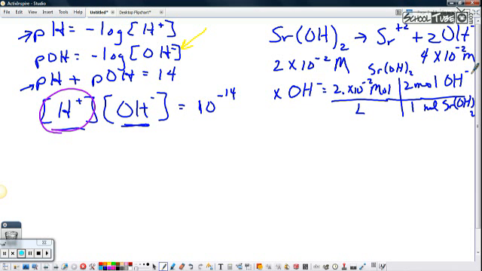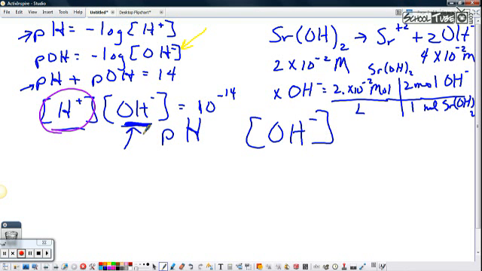Okay. So in this case, I have the OH minus concentration, and I need pH. Looking at what I have and what I'm trying to get to, there is no single equation up here that has pH and pOH in the same equation. So I could take this concentration and plug it into this formula and find the H concentration.